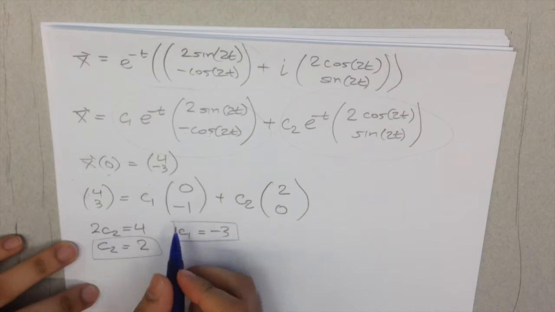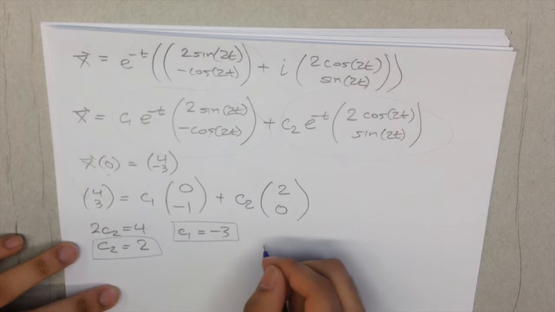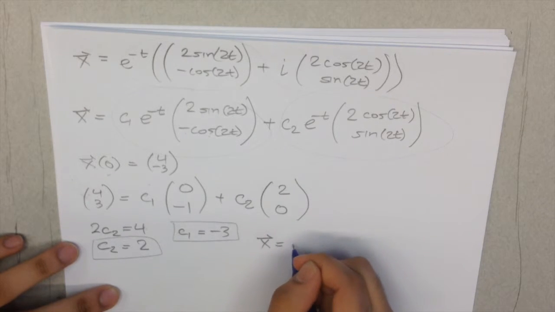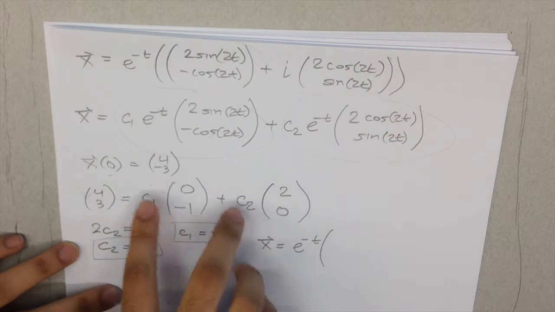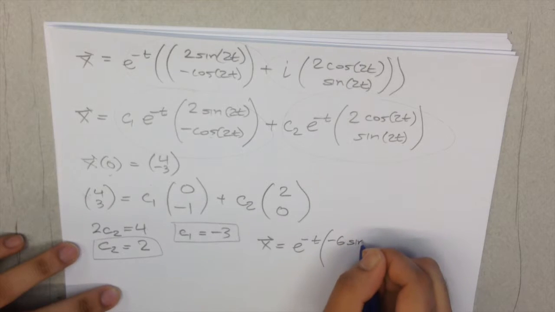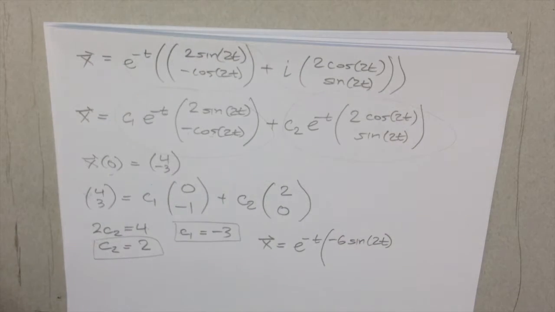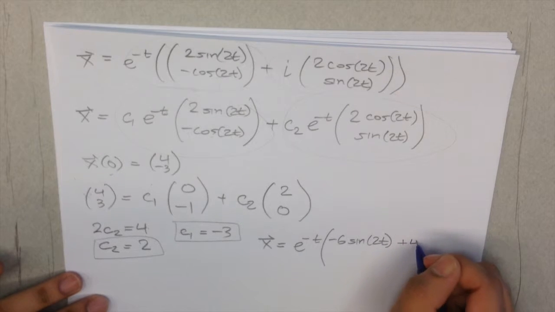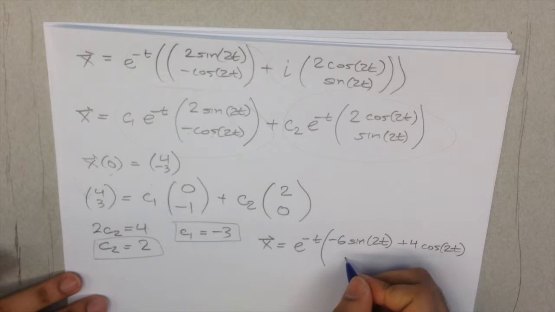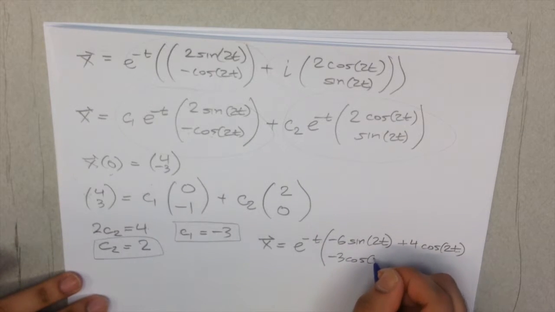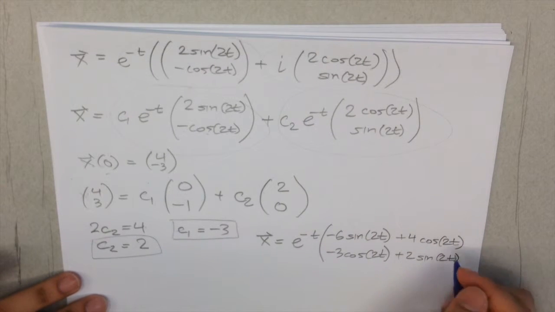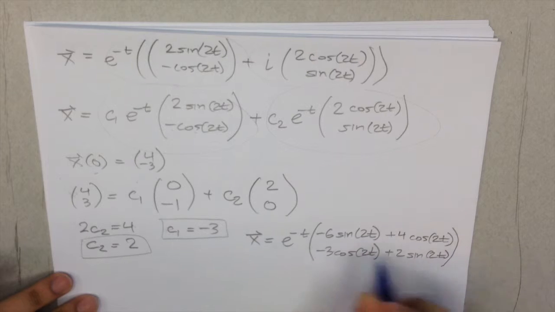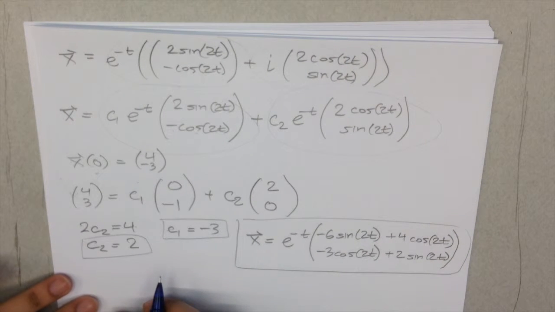So this gives us our c1 and c2, and that means our overall solution is e to the negative t times, after we add everything together, negative 6 sine 2t plus 4 cosine 2t minus 3 cosine 2t plus 2 sine 2t. This is our final answer after we plug in initial conditions.